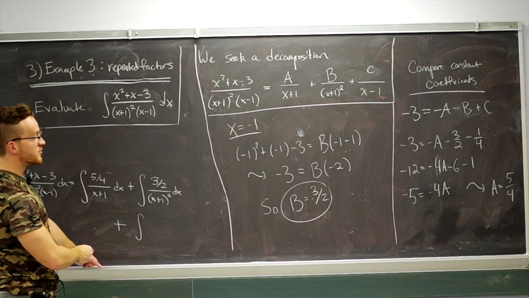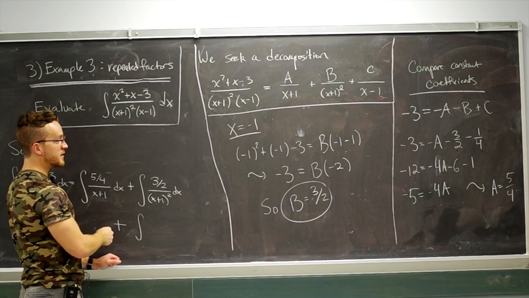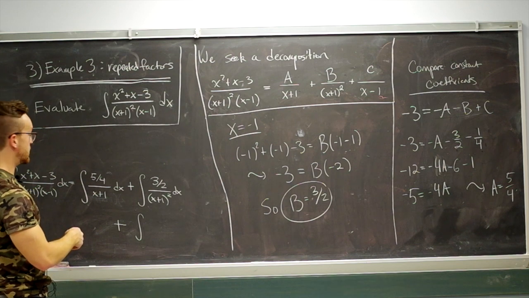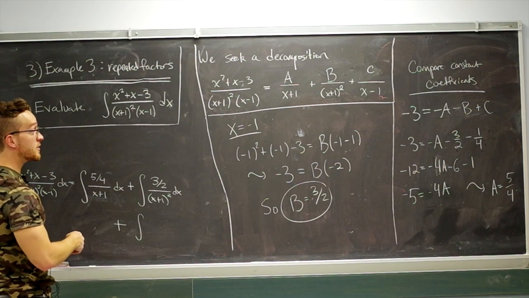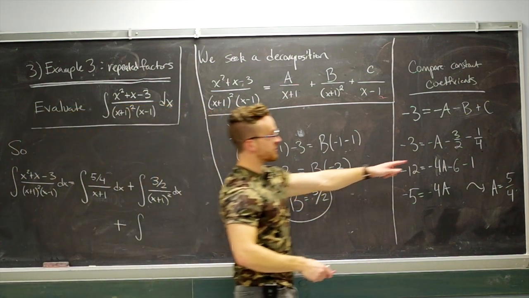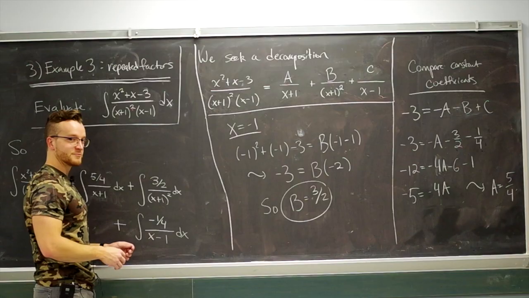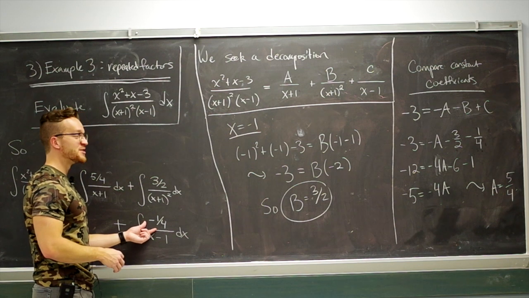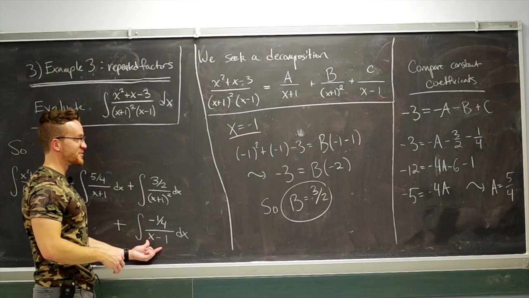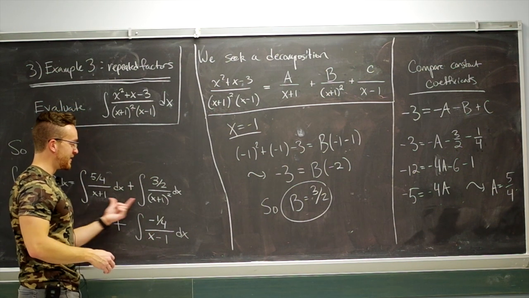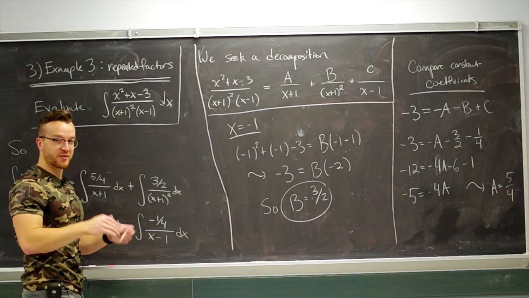And then lastly, the integral of C over x minus 1. C was, I may have erased it, but C was -1/4. Okay, C was -1/4, so this is the last integral we have to do. All three of these are very straightforward, and then we're done.